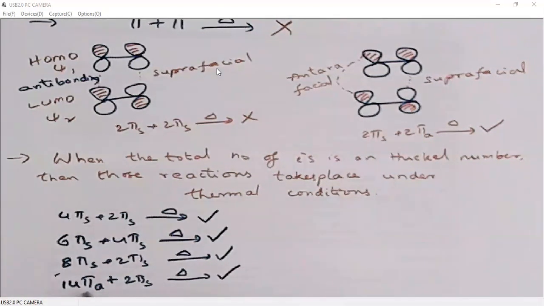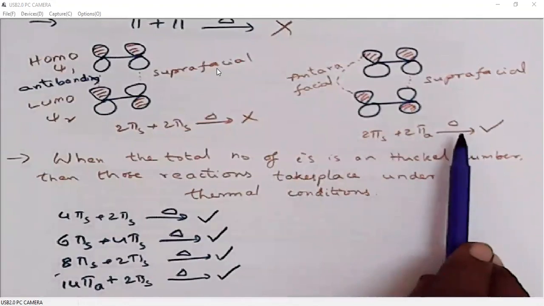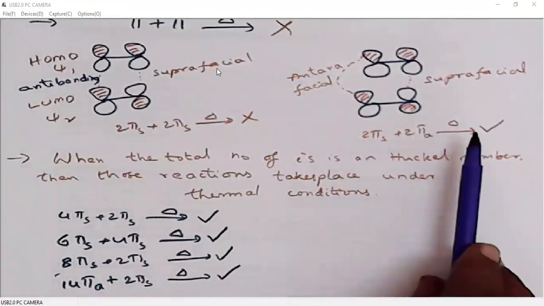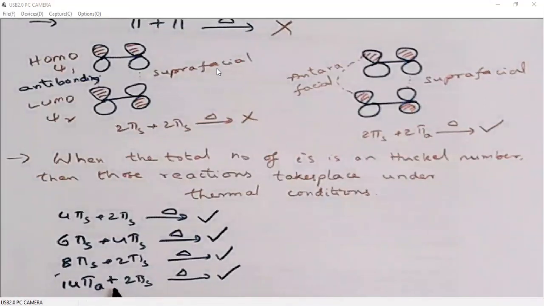If it is 14 pi s plus 2 pi s, it is not possible because it is not a Huckel number. But if we have an antarafacial bond formation, then it is possible, like here. Here, in principle, it is possible, but practically not possible. Here, this reaction will occur practically also.